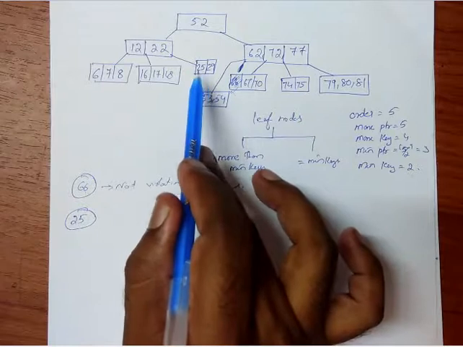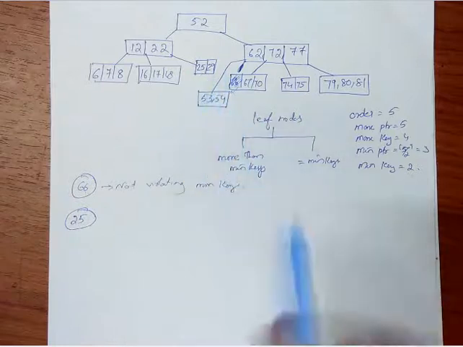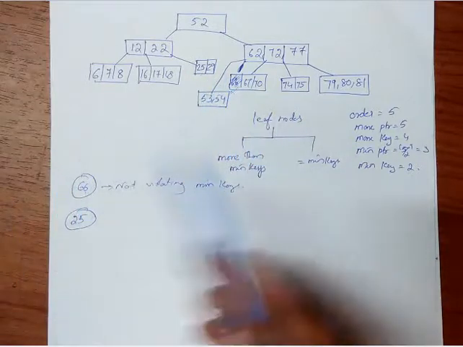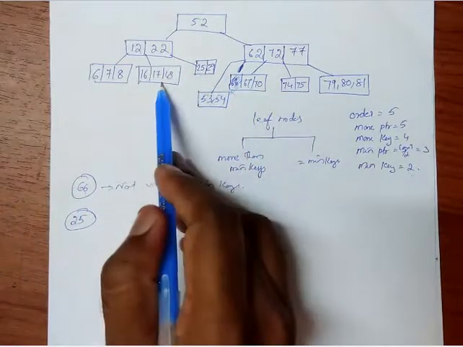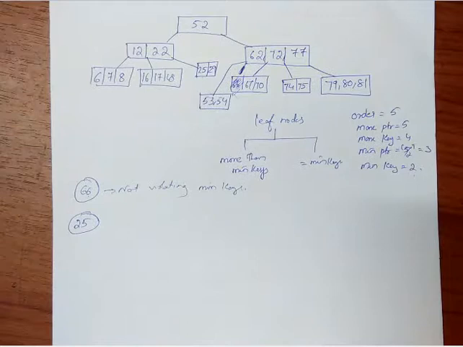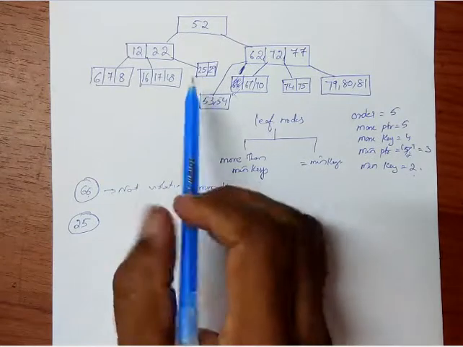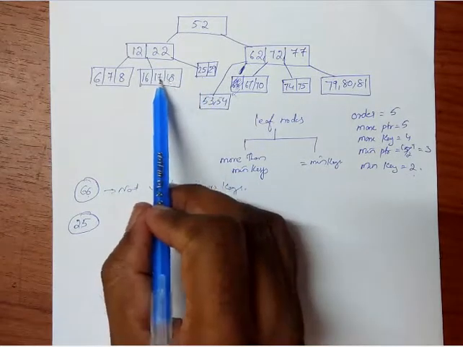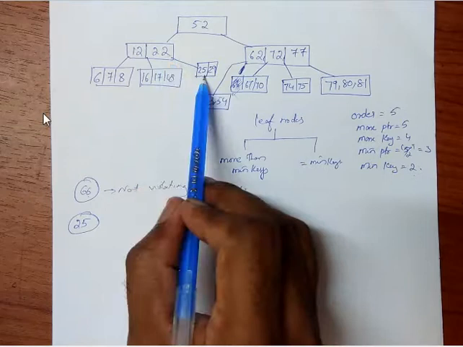In order to do that, we have to consider the siblings of that particular node. There are mainly two types of sibling, the left sibling and the right sibling. If a particular node falls below the minimum, we have to consider both the left and the right sibling.